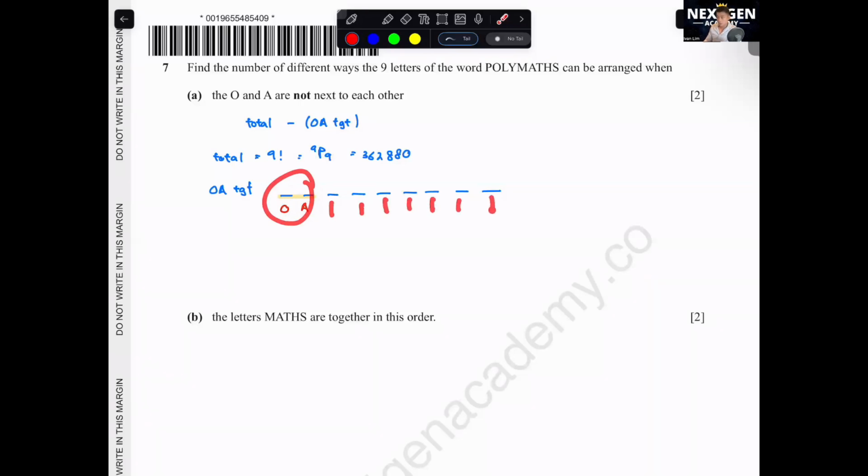So how do we calculate this? For these two, you'll do 2P2, then multiply by 8P8. Or another way you can do is 2 factorial multiplied by 8 factorial.